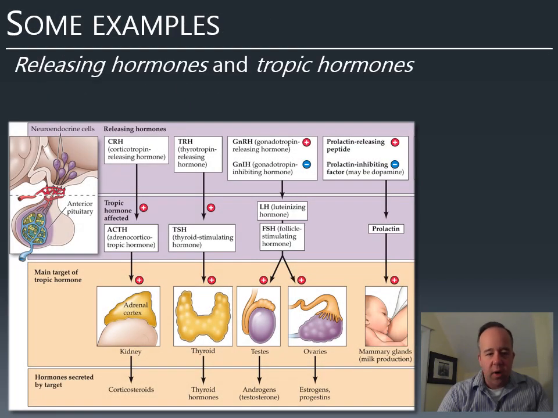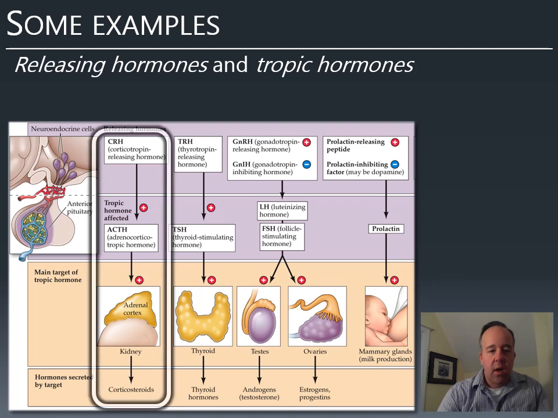So some quick examples. We're not going to go into the details for all of these, but for example, there is a releasing hormone secreted by neuroendocrine cells in the hypothalamus called corticotropin releasing hormone. This goes into the anterior pituitary, and then the cells there secrete ACTH, adrenocorticotropic hormone. This is a tropic hormone.